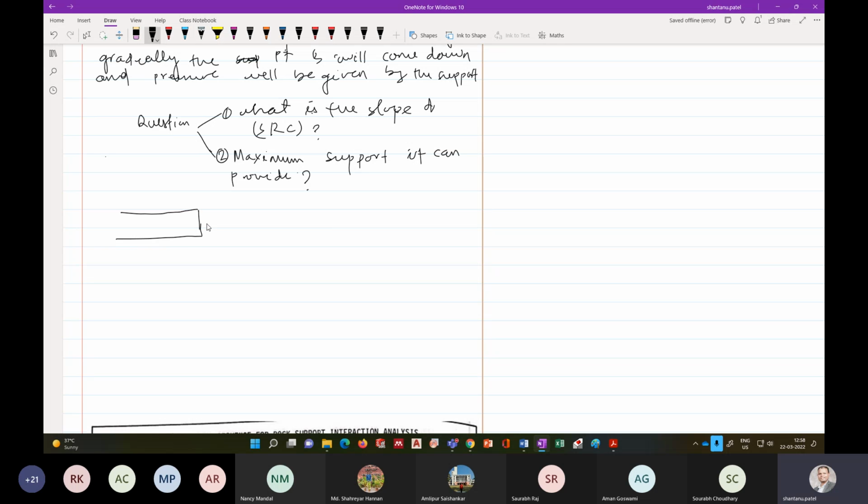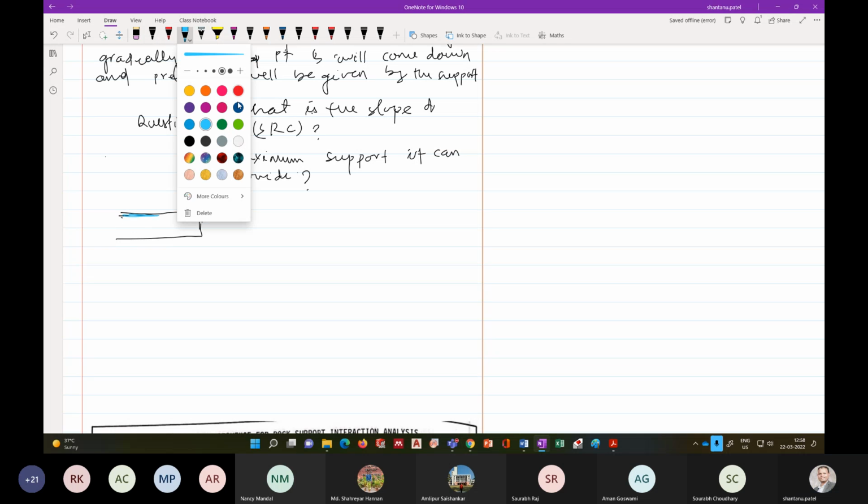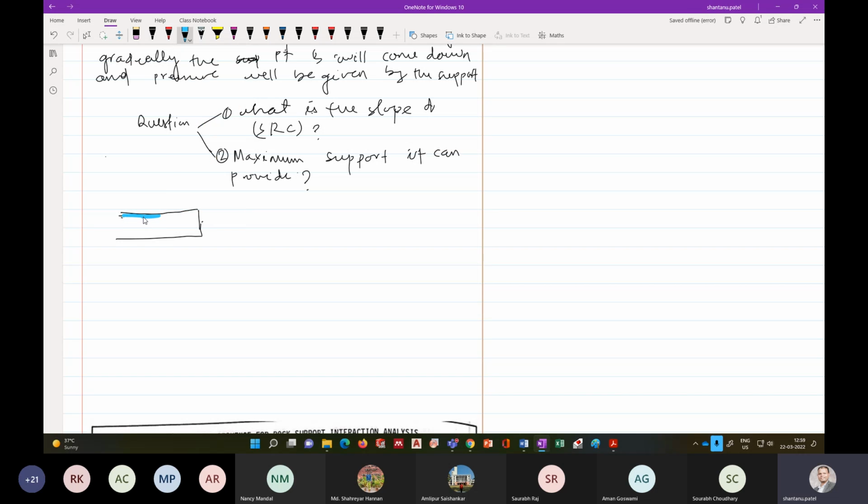Then, when the phase is at this location, let's say this is our support. Up to what distance from this phase will we provide this support system? That is our question here. And how do you decide that?